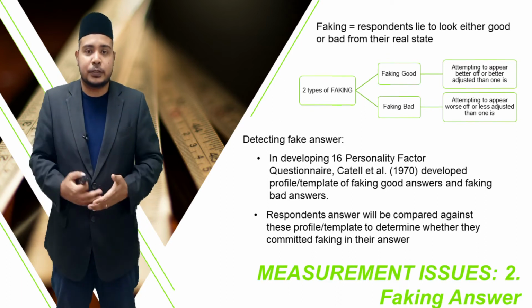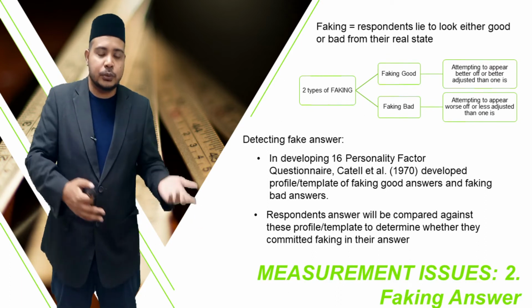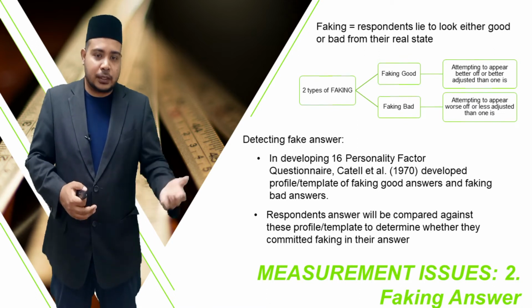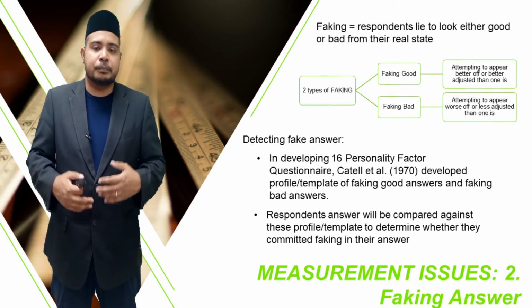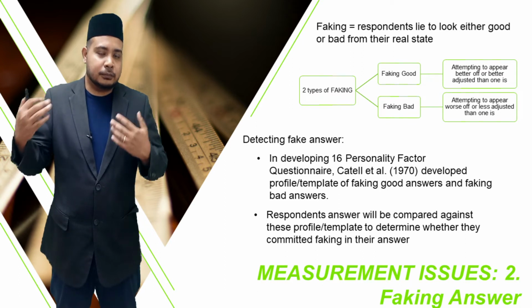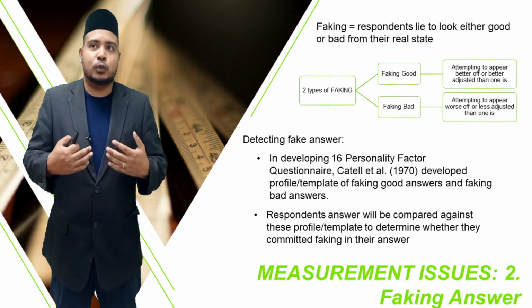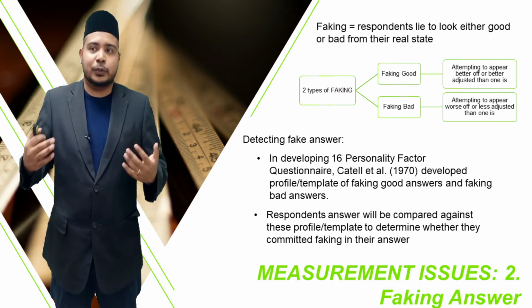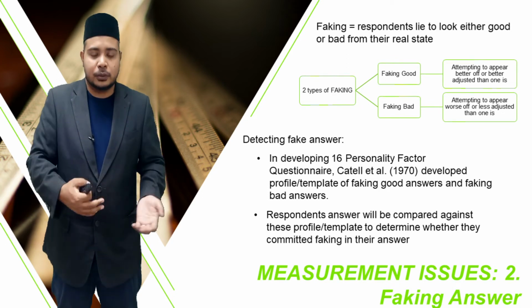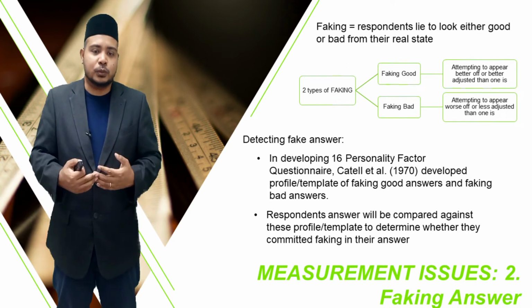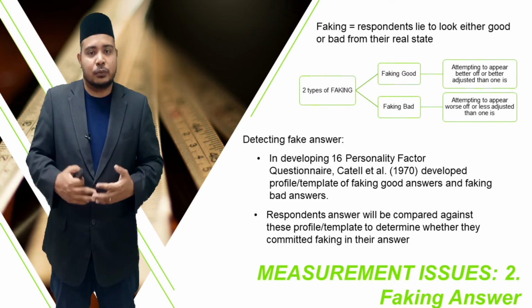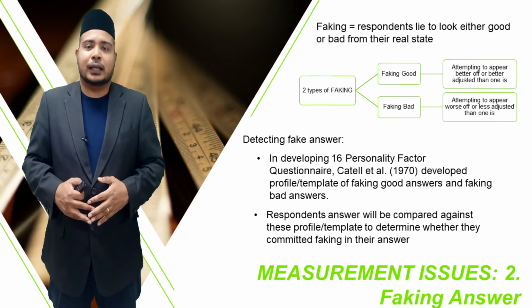There are two types of faking, which are faking good and faking bad. Faking good, we attempt to appear better, or we attempt to look good, when in fact we are the other way around. Or faking bad, we attempt to look bad, but in fact we are not that bad.